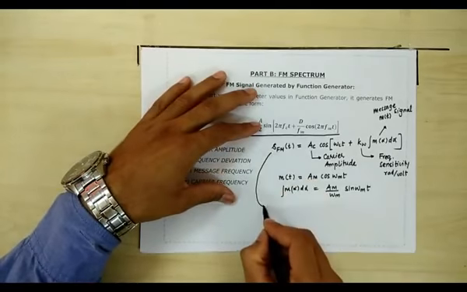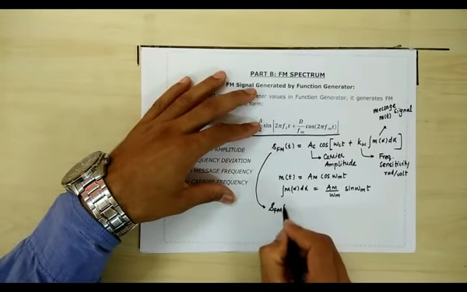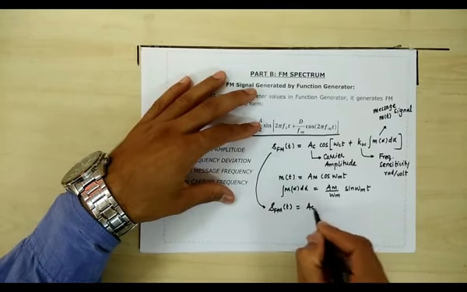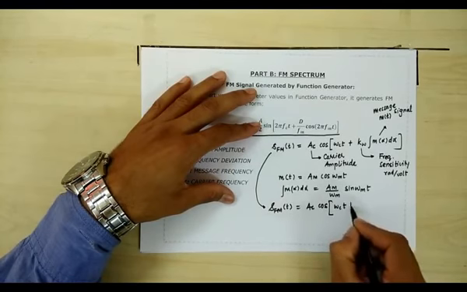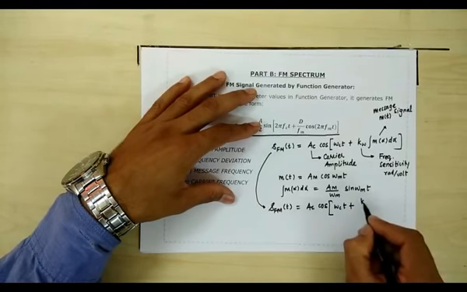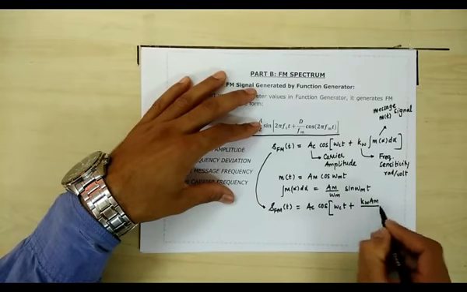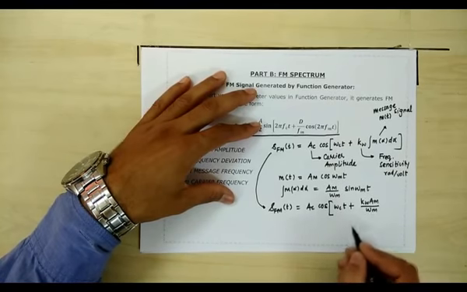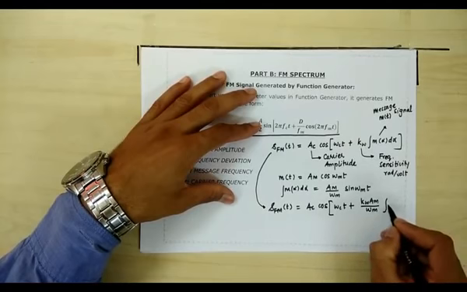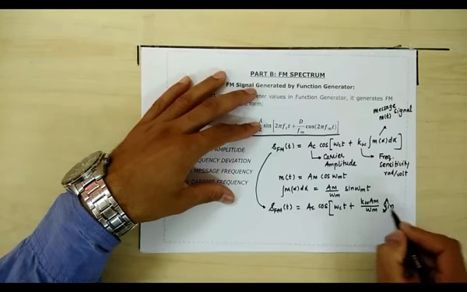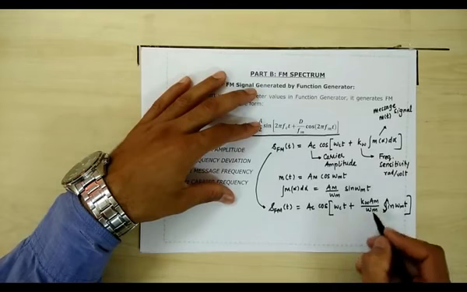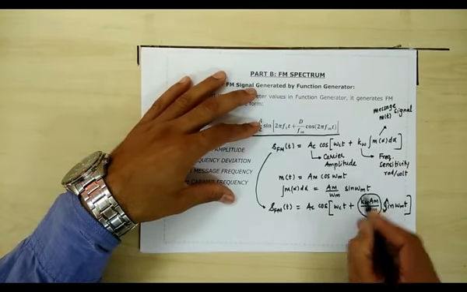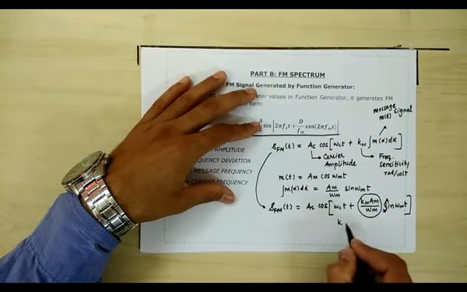So the equation becomes s_FM(t) equals Ac cos of omega c t plus K omega Am upon omega m sine of omega m t. If you see this quantity, this is this quantity.